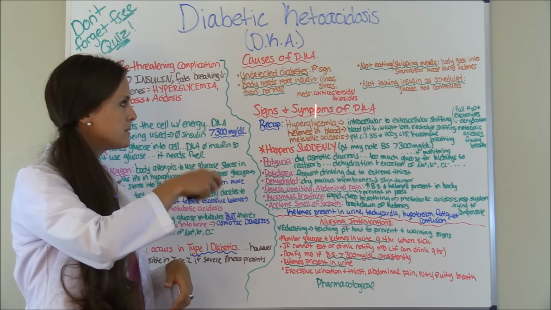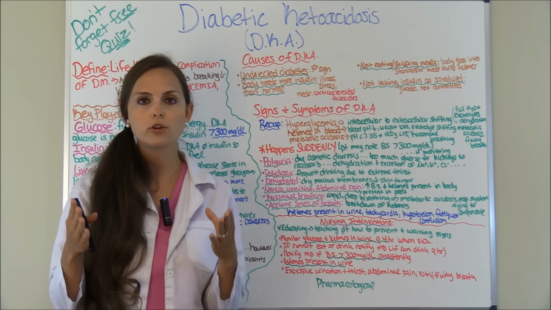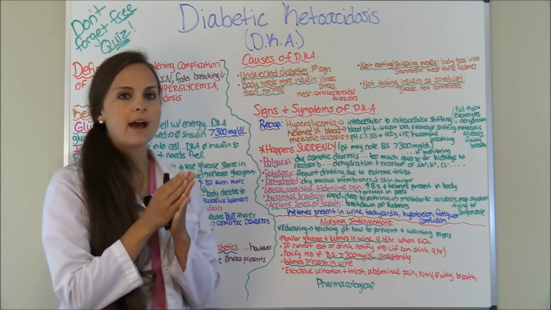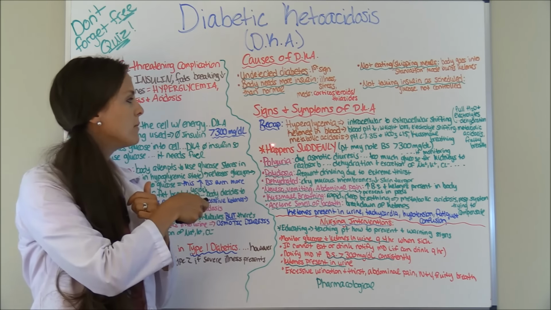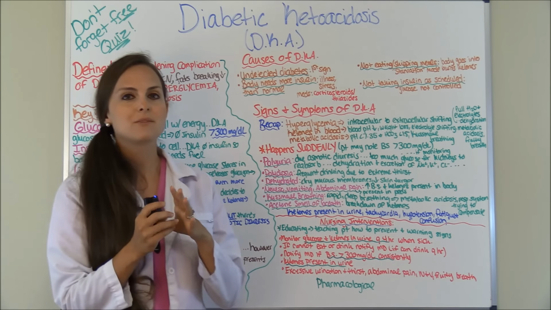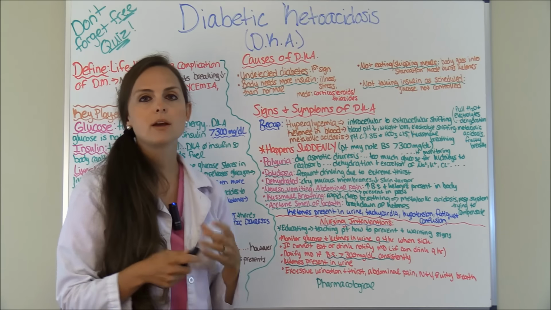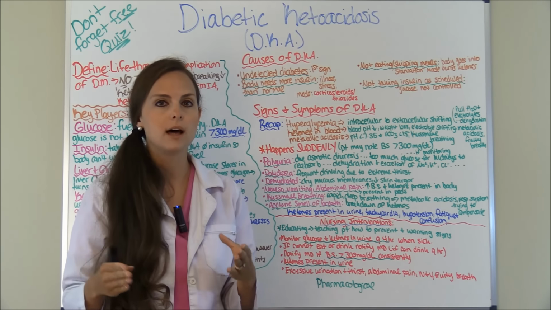Okay, so how do these patients present with diabetic ketoacidosis? How are they going to look to you as the nurse? So let's recap. Remember what we have going on in the body. We have hyperglycemia, we have ketones in the blood, and we have metabolic acidosis going on. So whenever you have that, the signs and symptoms make sense, because with hyperglycemia, what's happening? You have a high amount of glucose in the blood.